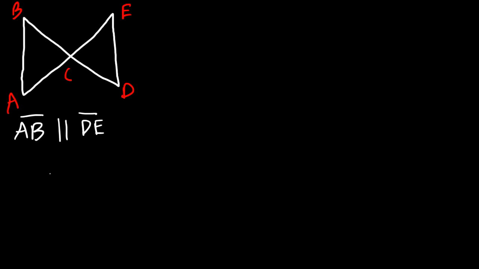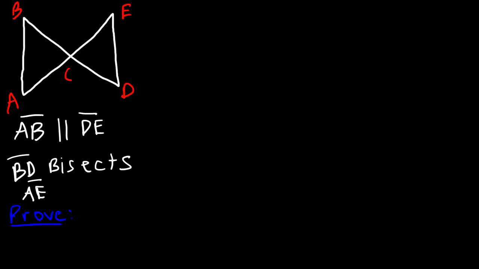And we're also given that segment BD bisects segment AE. So with this information, prove that segment AB is congruent to segment DE.